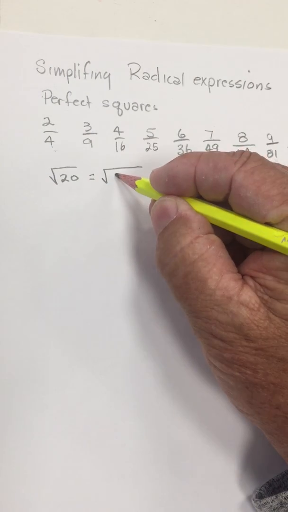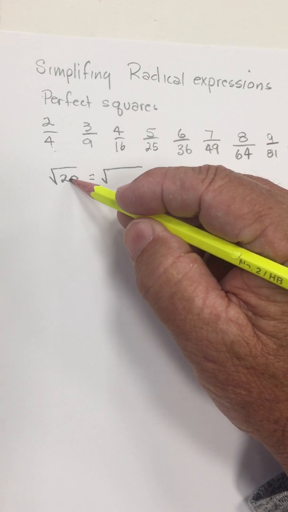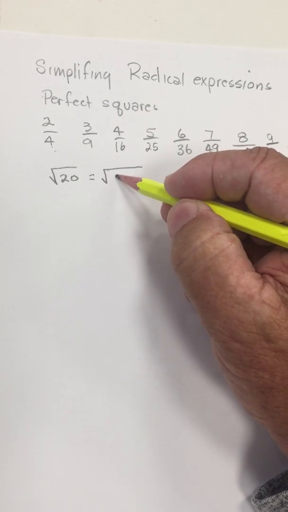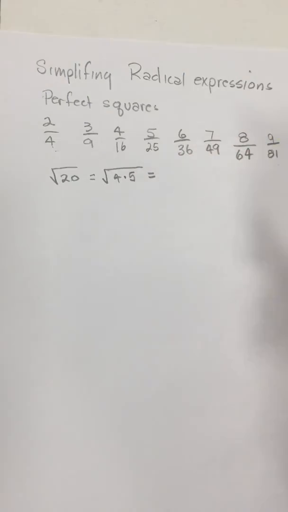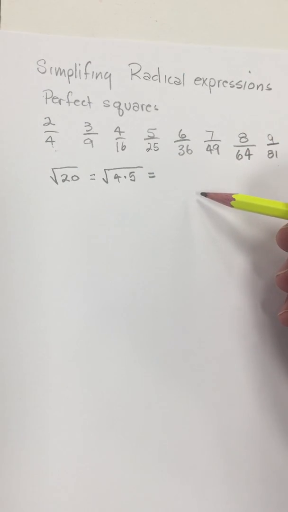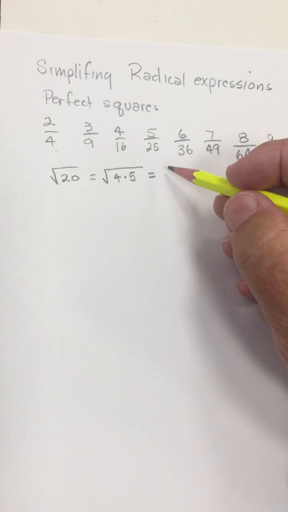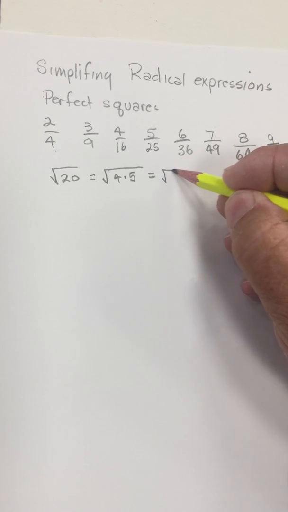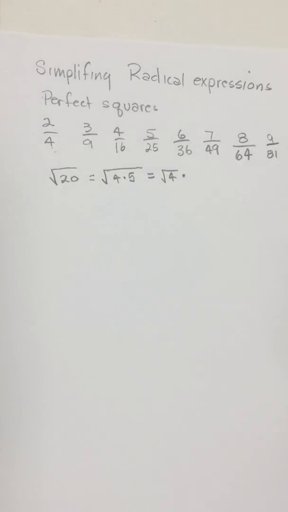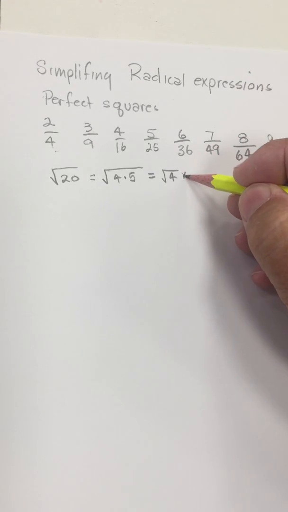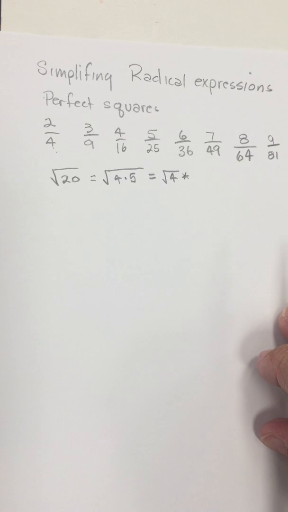So let's say we have the square root of 20, the square root of 4 times 5, and we're expanding it. That's a word that you know that we've used. So then we have the square root of 4 times the square root of 5. On the notes that I've been sending you, I've been doing a star as times.